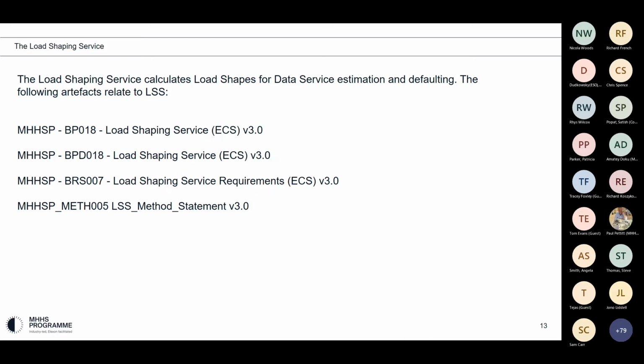Instead of having one GSP group correction factor, there will be two, one for import and one for export, and that calculation is set out in the volume allocation service method statement, which we will come on to in a bit.